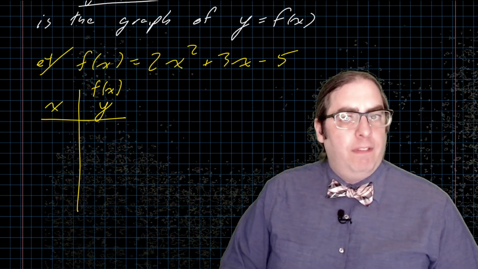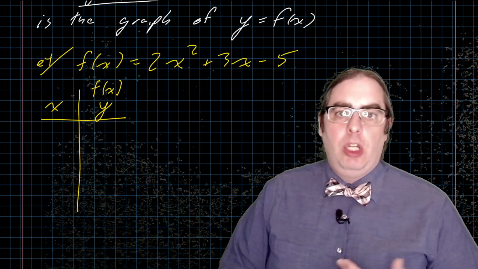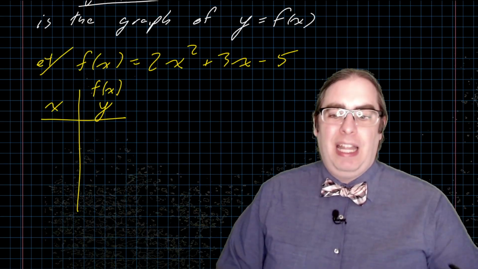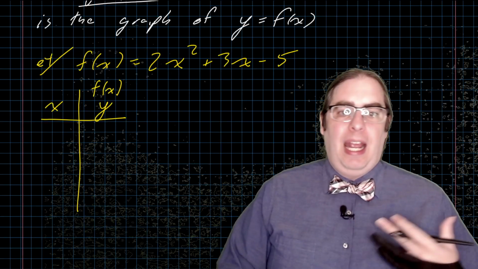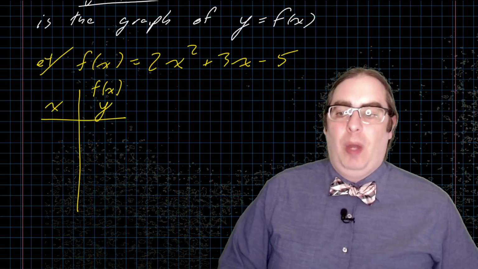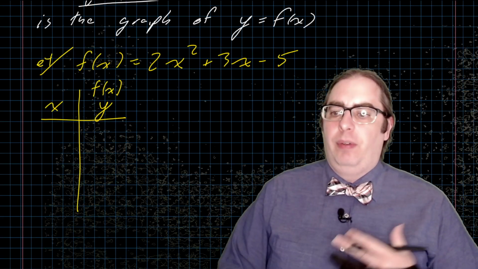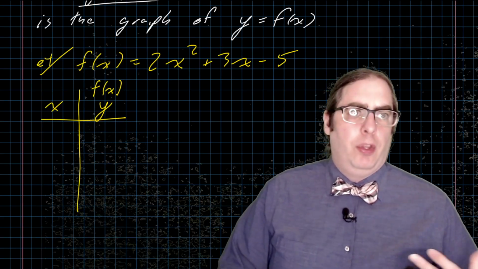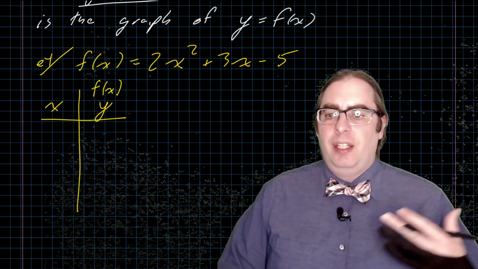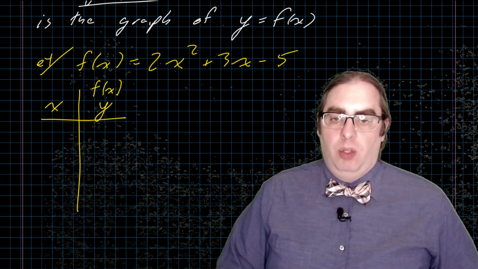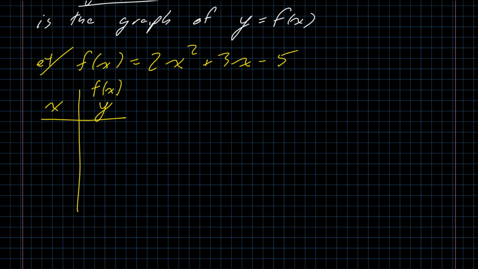So if we pick values for x, we can plug that value in and we'll get exactly one number back out. And that gives us a nice, easy way of setting this up. We don't have to worry about whether there's going to be multiple values. We don't have to worry about whether it's going to be undefined. We can just pick whatever is convenient.